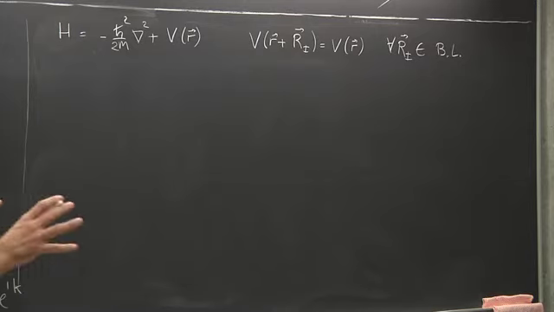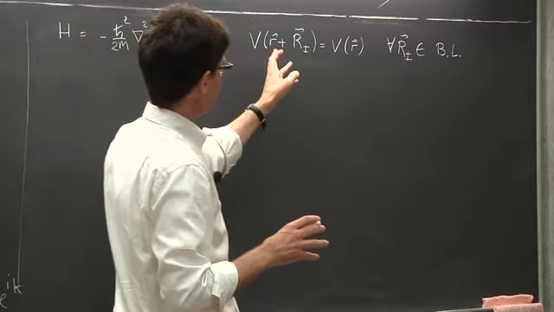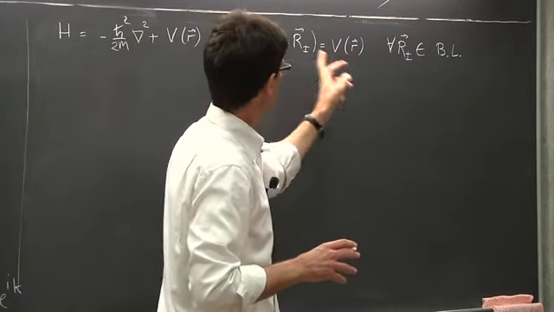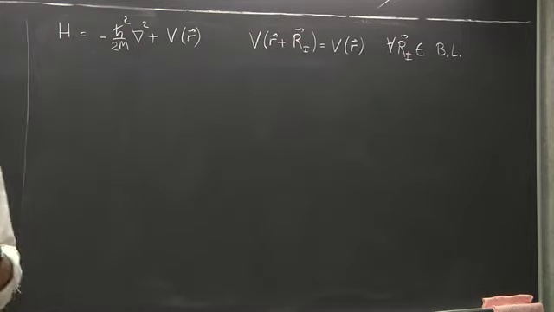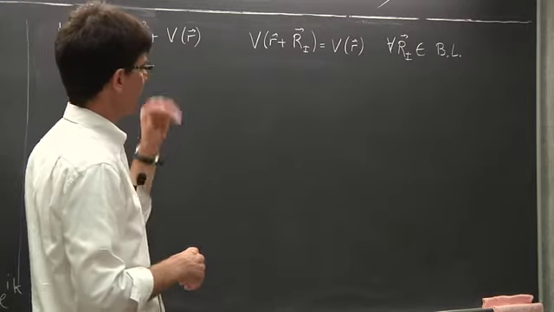So now I'm going to be very general. I just require my potentials to be periodic with the periodicity given by a Bravais lattice. I have to give you a Bravais lattice, and I'll tell you the potential is periodic with this periodicity. I have a Hamiltonian with that potential.